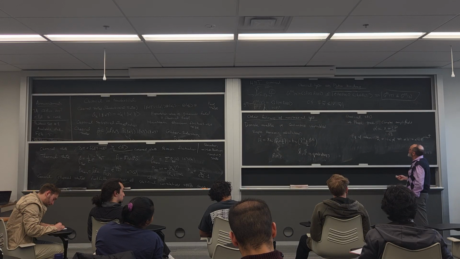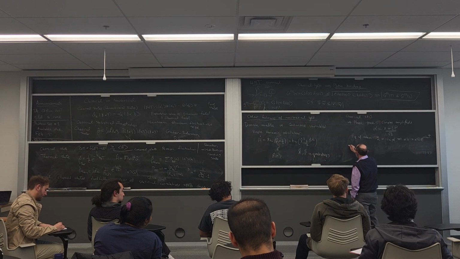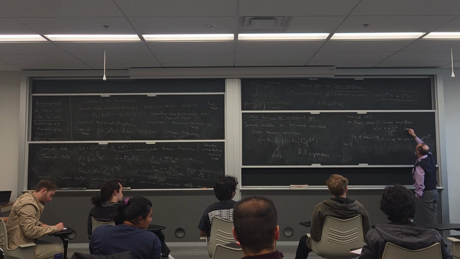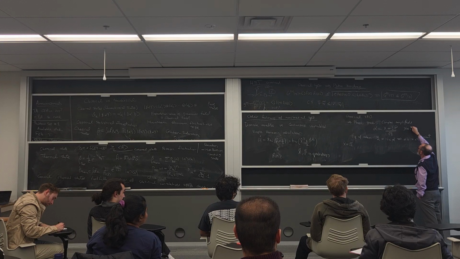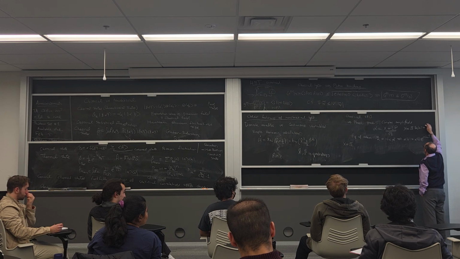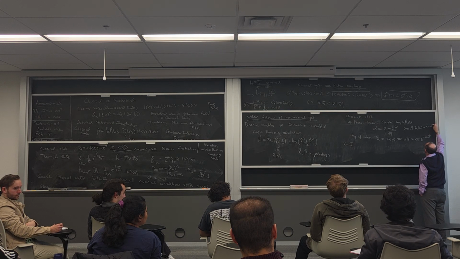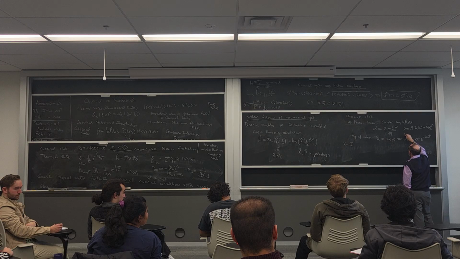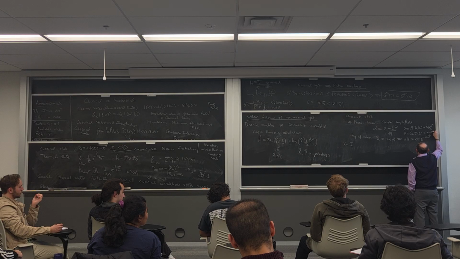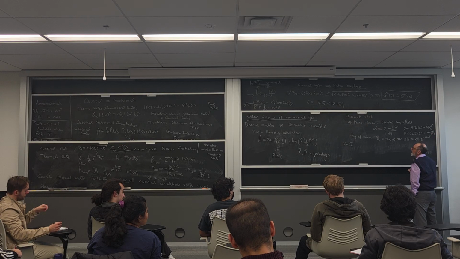Written in terms of the quadratures, x is equal to the square root of 2 times the real part of alpha, or alpha plus alpha star over root 2, and p is the square root of 2 times the imaginary part of alpha, or alpha minus alpha star over i root 2.